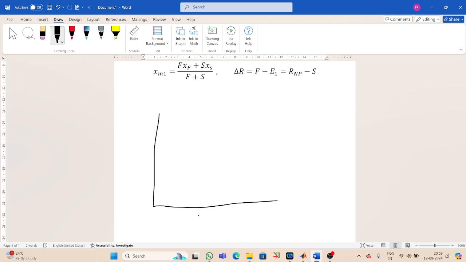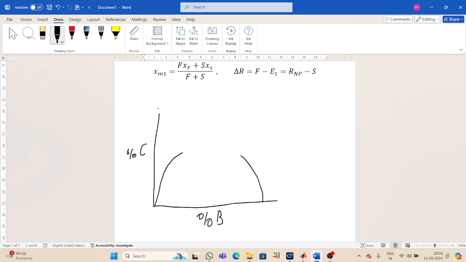Here on the x-axis we have percentage solvent, that is percentage B, and here we have percentage C, that is solute, and we have the extract and raffinate curves. Here there is a raffinate curve, and here there is an extract curve.